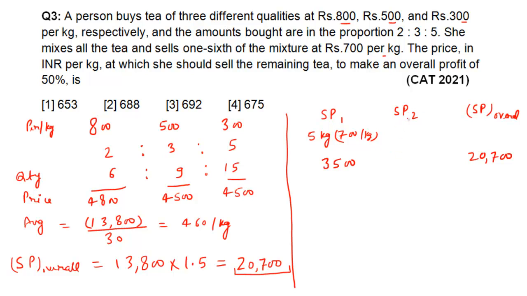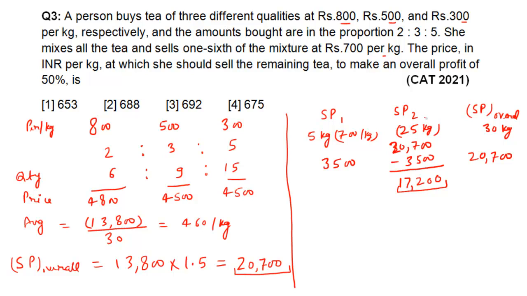The selling price for the second part, which we have to find out, we can calculate from 20,700 minus 3,500. That will give me 17,200. And what is the quantity? Overall is 30 kg, and 5 kg has been sold at 700 per kg, so this is 25 kg.